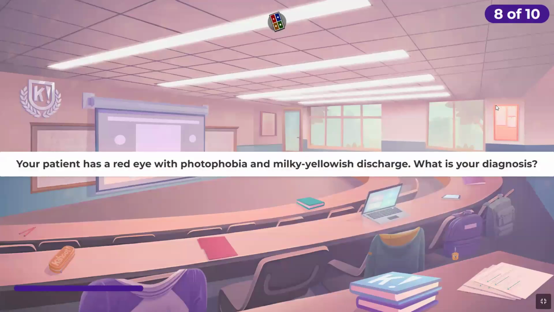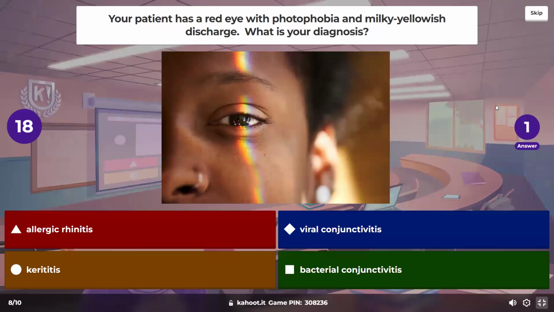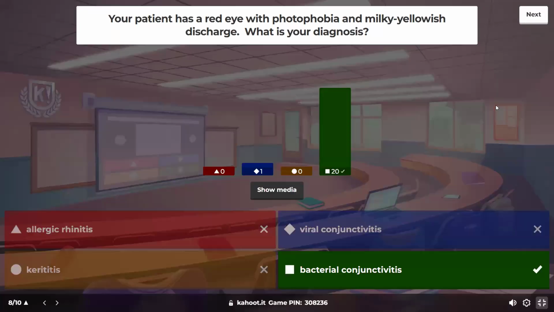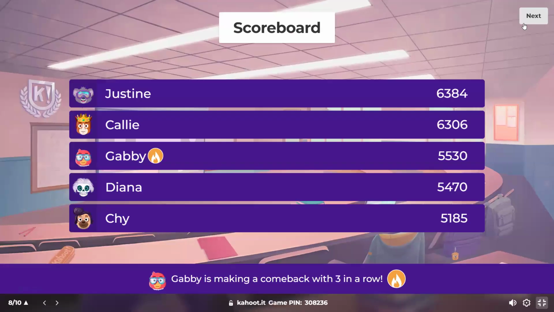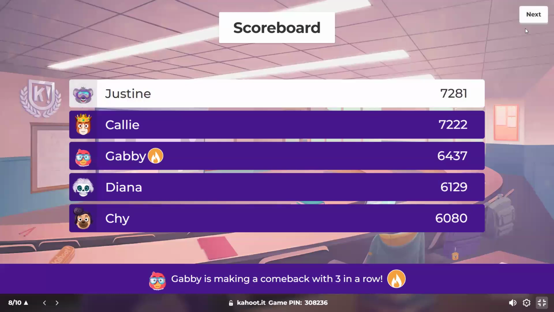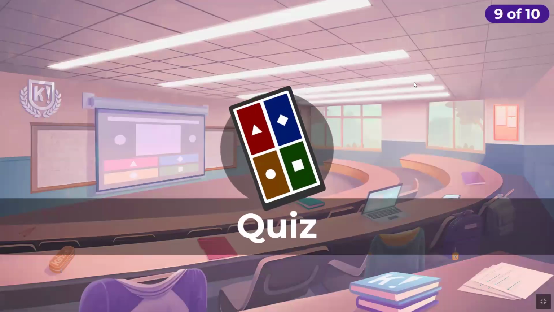All right, your patient has a red eye with photophobia and milky yellowish discharge. What do you diagnose this as from these choices? Alrighty, so this is bacterial conjunctivitis. This is classical pink eye. Okay, next question.